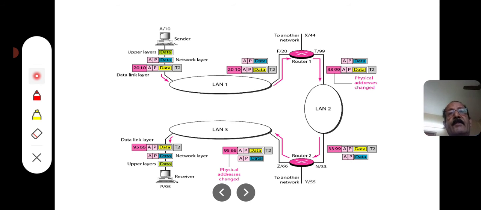But it has to be written as 95? No, 10 to 20 is written. The reason is MAC addresses are not directly used for communication end to end. The routing protocol decides the route. On this route there are two routers. First router information: what is the physical address of the first router? 20, that is written here. So this reaches the input of that router. At router 1, it sees the physical addresses.